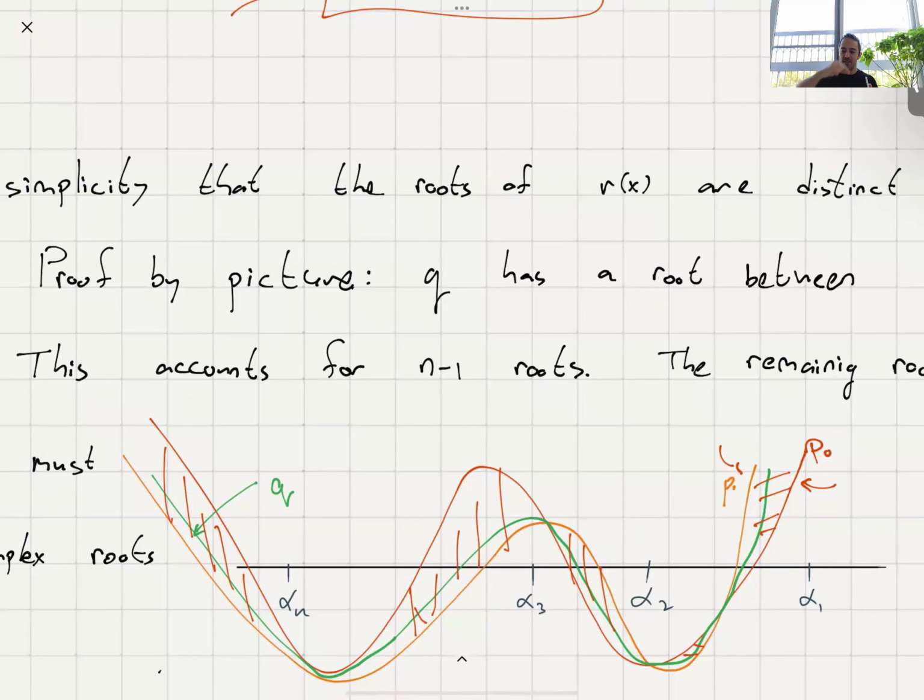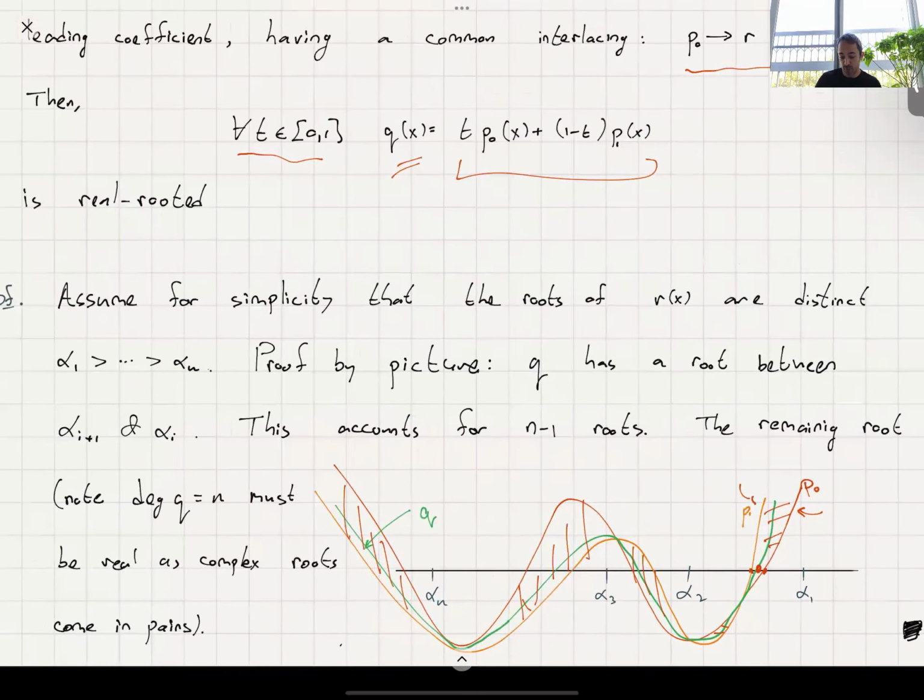But it's always between these two polynomials like that. And because P1 and P0 have a root between alpha 1 and alpha 2, then we know that also Pt is going to have a root between these two roots. And so forth.